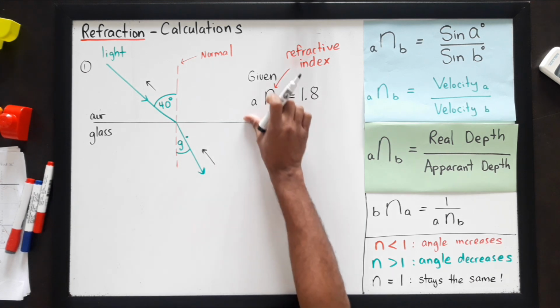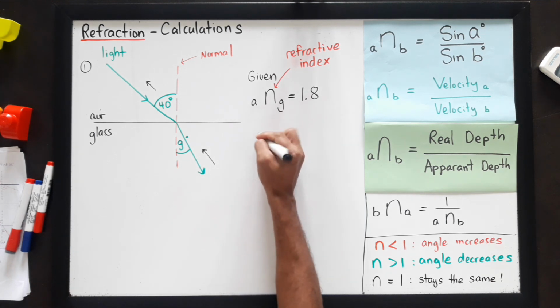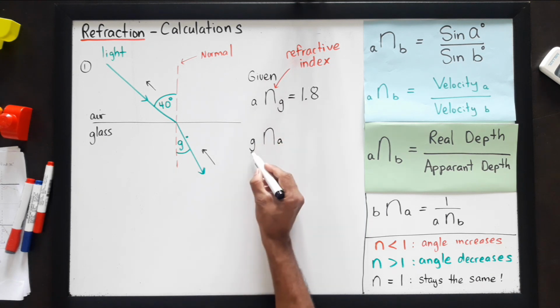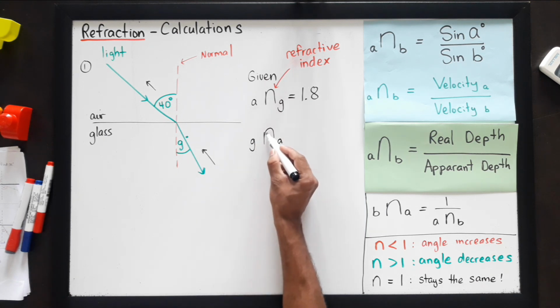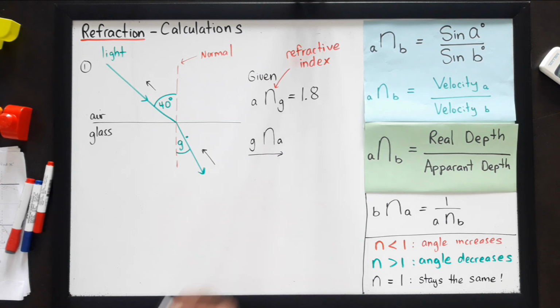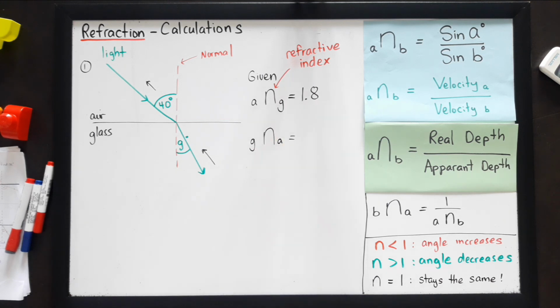No. First of all, we will have to write that refractive index differently. If you are trying to go from glass to air, you have to put the G first, then the N, and then the A, because it's going from glass towards the air. And the refractive index will not be 1.8.